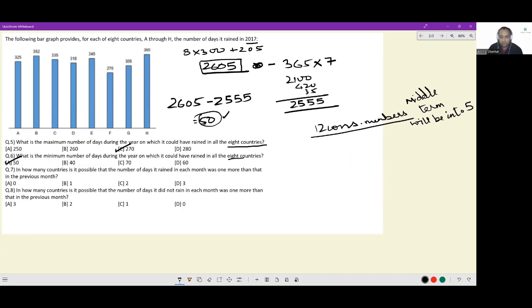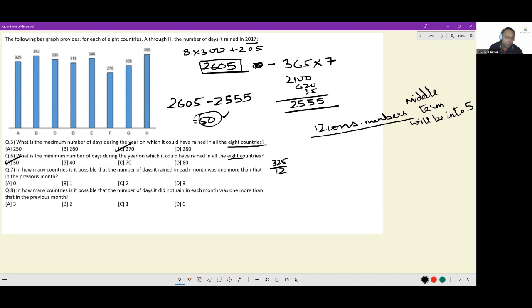Or another way of looking at it is, I don't want to get into AP based representation. I want to talk of it this way. If I'm looking at 12 consecutive numbers, the middle term will be integer plus 0.5. So look at all these numbers. 325 by 12. Does it give me integer plus 0.5? Of course not.